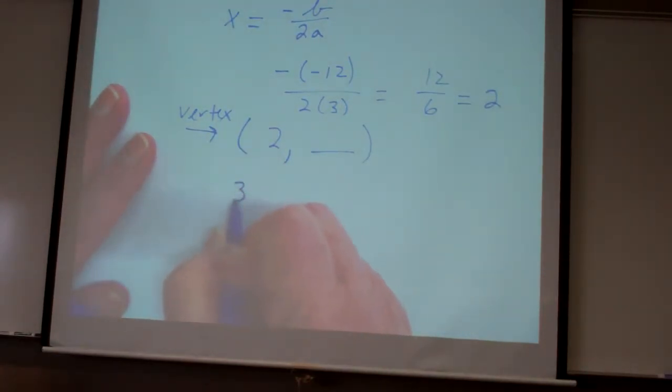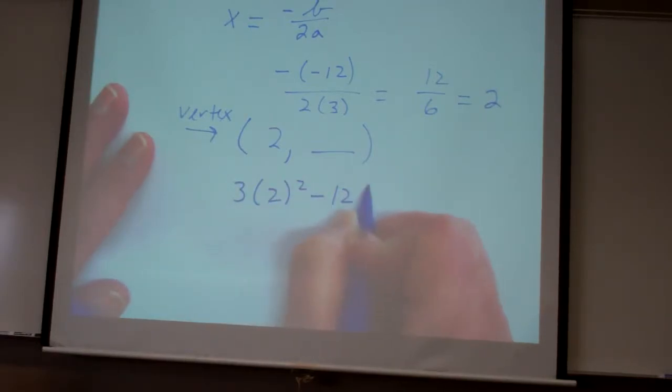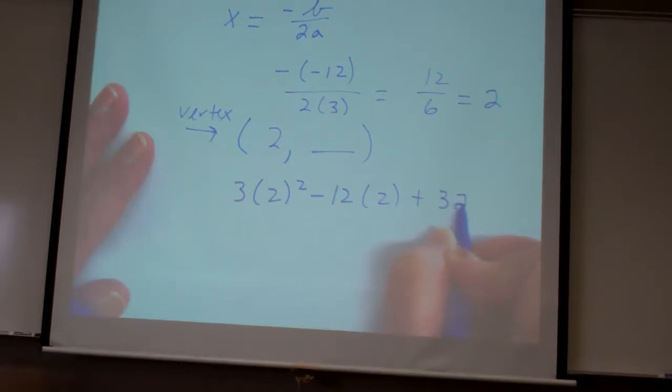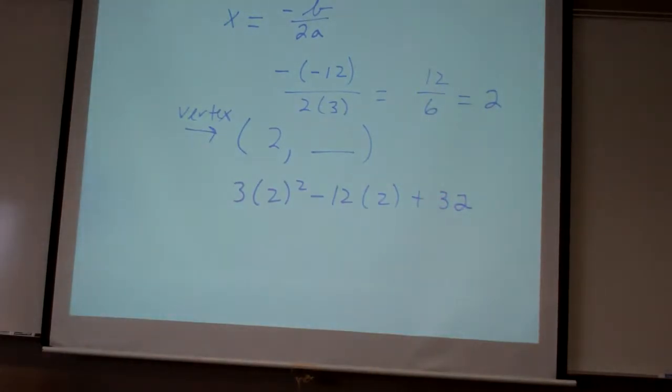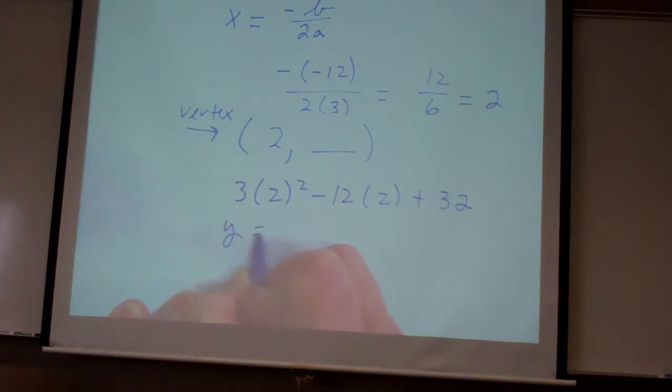So we will have 3 times 2 squared minus 12 times 2 plus 32. If we put this into our calculator, we will solve and get our y value equal to 20.